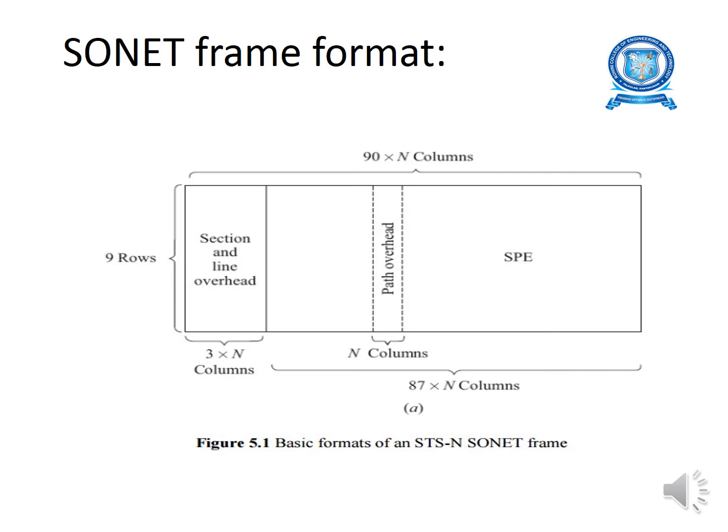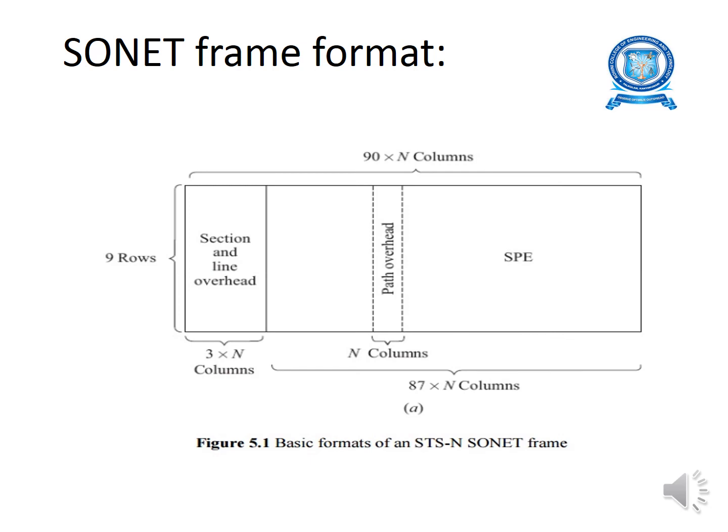SONET defines a hierarchy of signaling levels called synchronous transport signals, STS. Similarly, STM, synchronous transport module, is for SDH. SDH defines a hierarchy of signal levels called synchronous transport modules, STM.